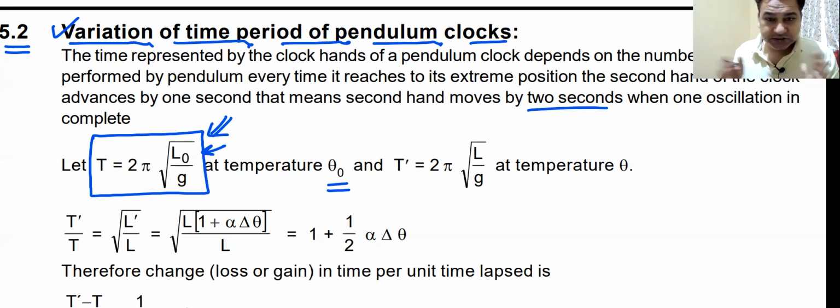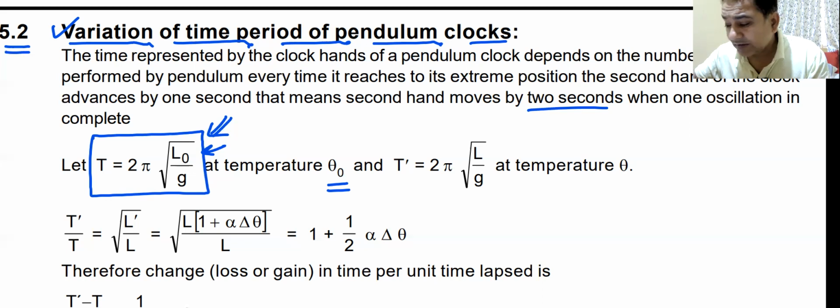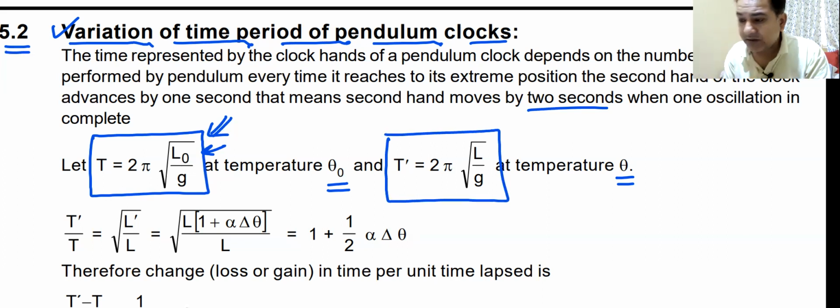As temperature changes, the length of this pendulum will change. If the length changes, then the time period will change. Very obvious. At any different temperature theta, the time period becomes 2 pi root over L by G, where L is the length at that particular temperature, right?